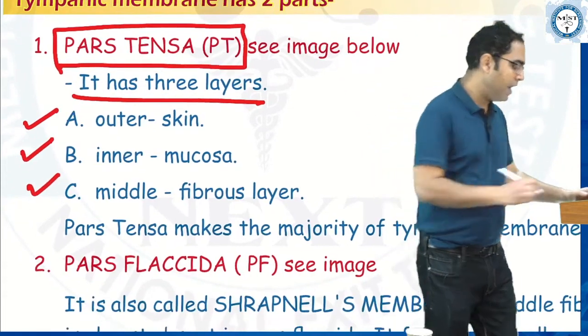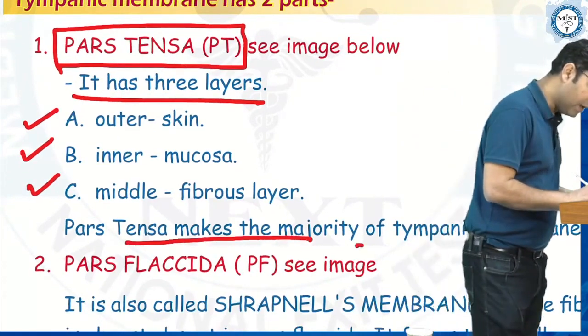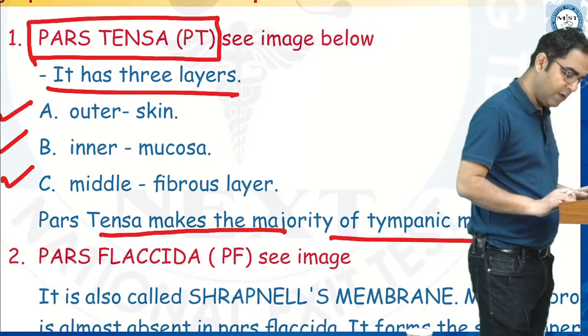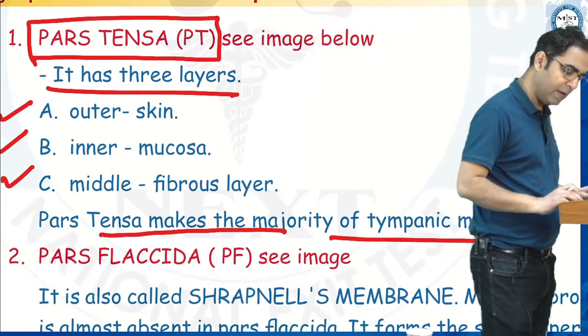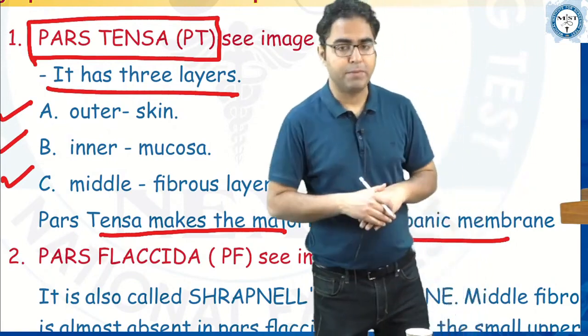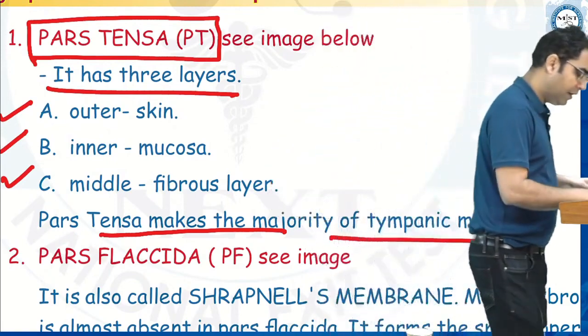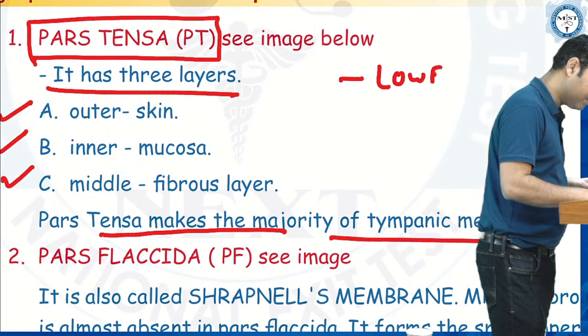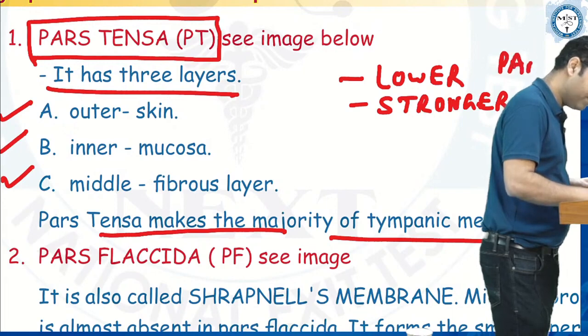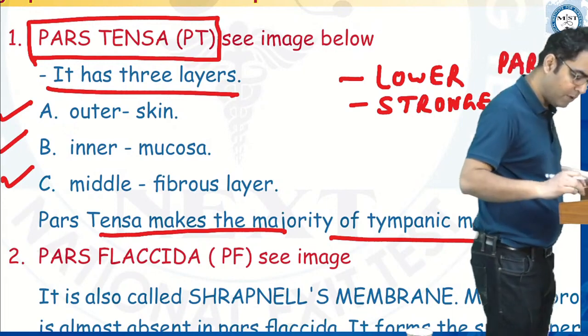Beta, pars tensa makes the majority of tympanic membrane. Write down, it is the lower part of tympanic membrane. It is a stronger part of tympanic membrane.